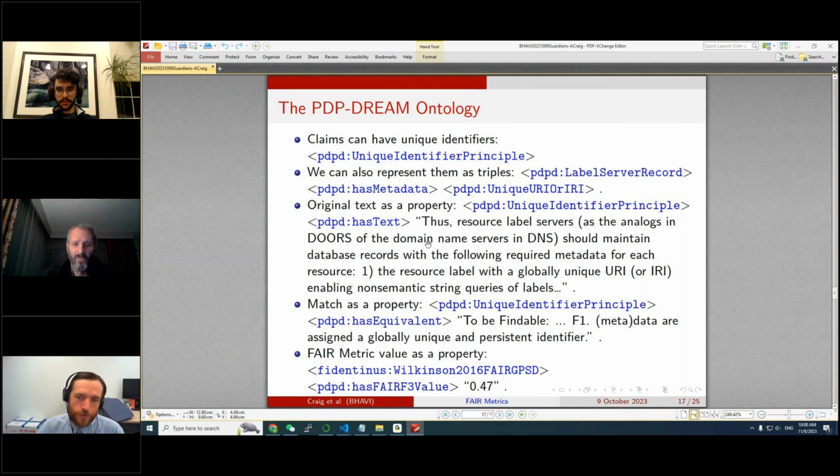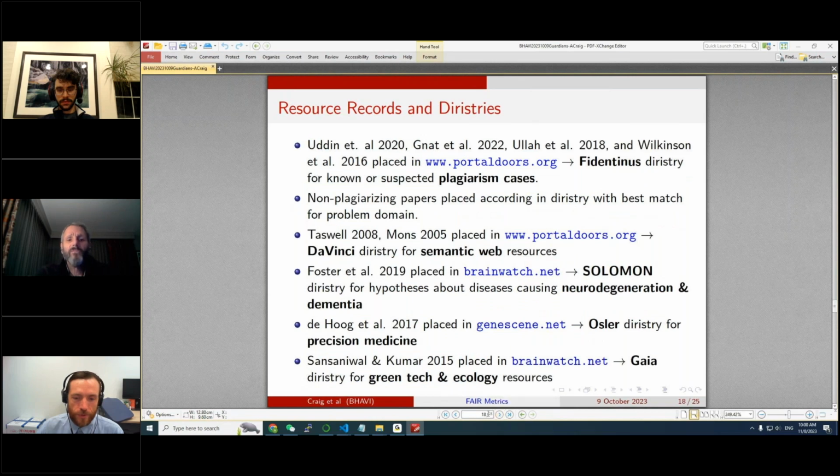They let you record the statements themselves either as the original plain text or as an RDF triple. And they let you record the final FAIR metric values that you calculate. And so we believe this will be an important data set for future work. And so we're recording these analyses and creating records of the works being analyzed and publishing them through our PORTAL-DOORS system.